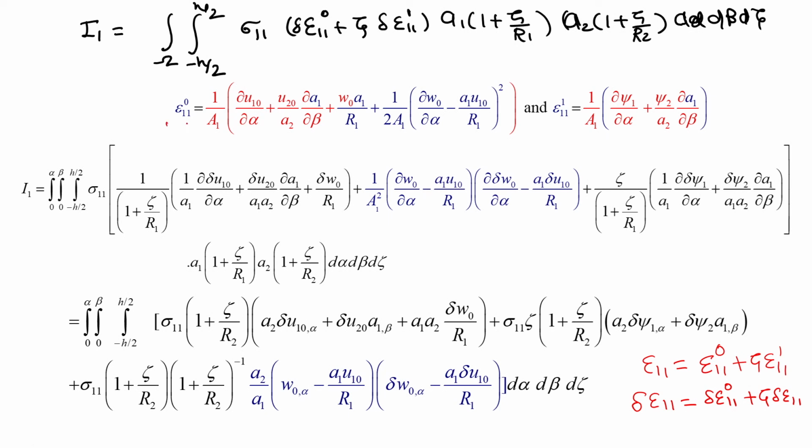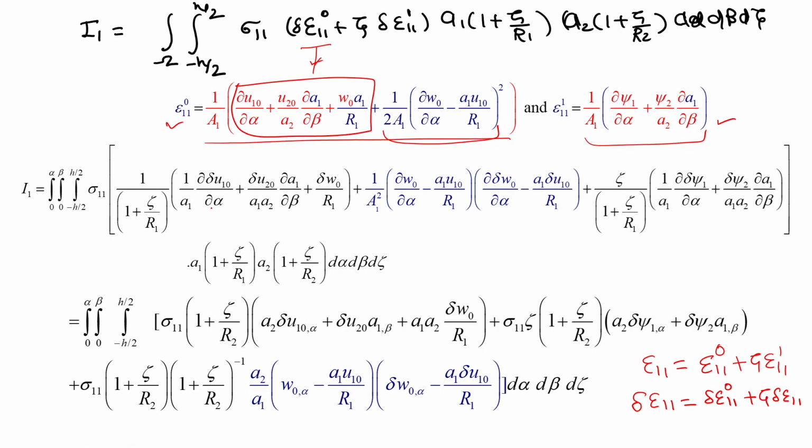In the expression of epsilon 1 1 0, these terms are related to linear and these are the non-linear terms, and these terms are related to curvature. Here you see that 1 by A1 is common out, and in epsilon 1 1 also 1 by A1 is common out. So, we will substitute the expression of del epsilon by taking del of this.